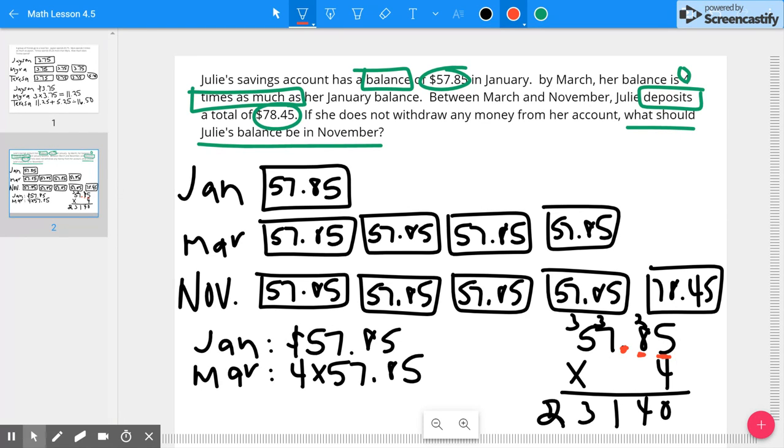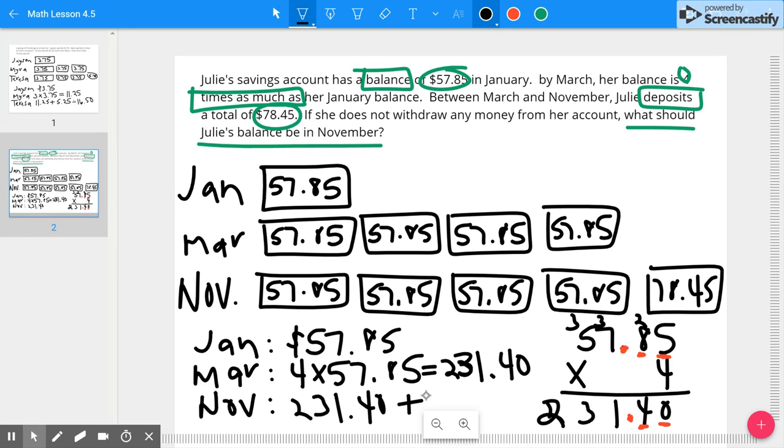So that's telling me in my answer, I need to have 2 numbers behind my decimal point. So I go to the number that's furthest on the right, which is my 0, and I start counting 1, 2, and then I know I can put my decimal point. So 4 times $57.85 is going to be $231.40.